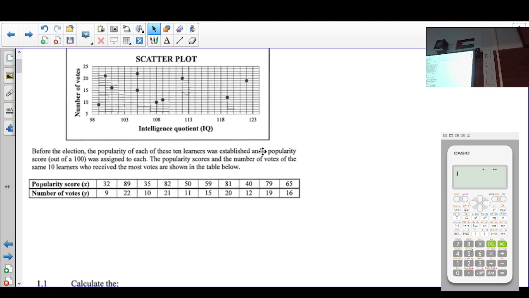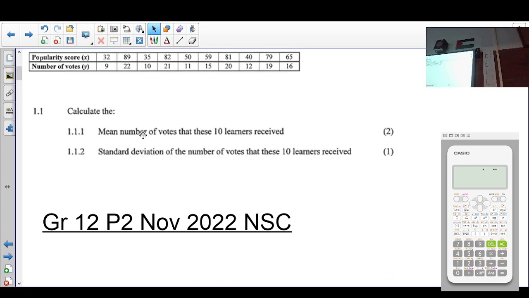In the scatter plot you have the number of votes and the IQ, so the table does not necessarily represent the scatter plot. Okay, so let's look at the first question.